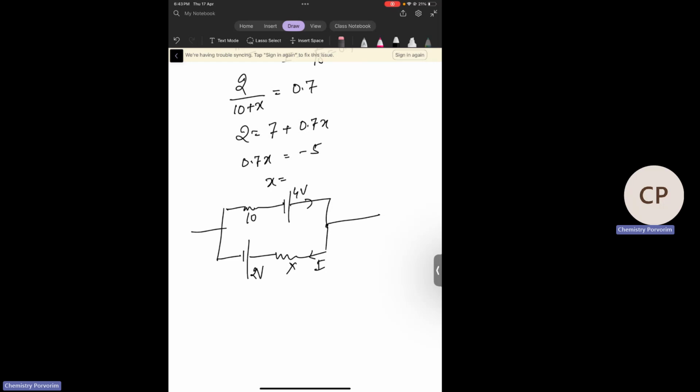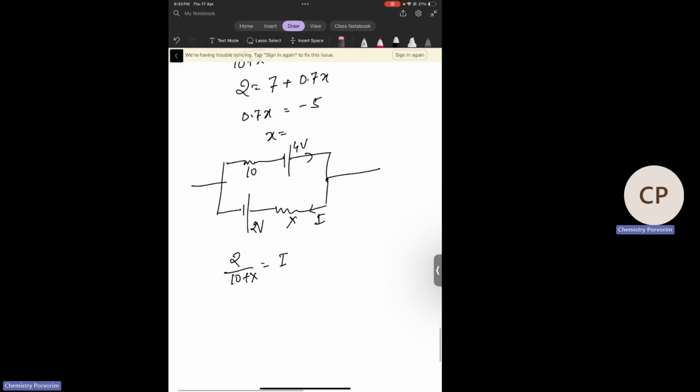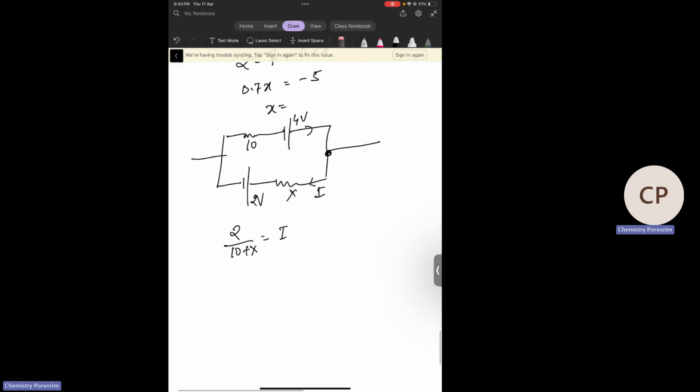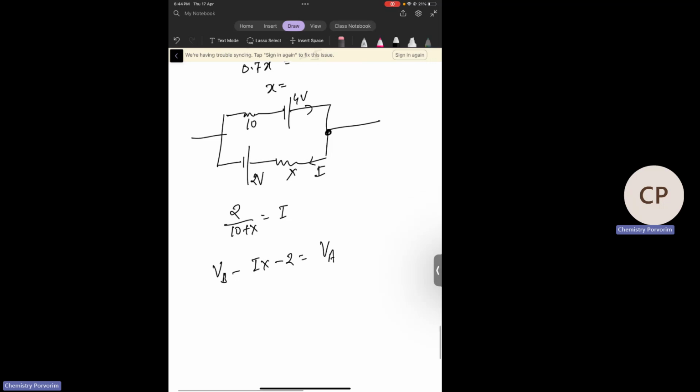Net EMF from Kirchhoff voltage law, net EMF is 2, net resistance is 10 plus X, is equal to I. And from this point VB minus Ix minus 2 is equal to VA. So VB minus VA is equal to Ix plus 2, and this is equal to 3.